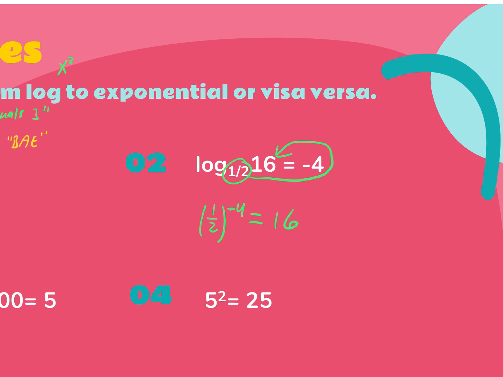If you do 1/2 to the -4, you can make it positive by flipping it, and then you get 2 to the 4 is 16. You do get that that's true. Or, again, guys, you could do BAE: base, answer, exponent. Your base is 1/2, your exponent is -4, and that's going to equal 16.